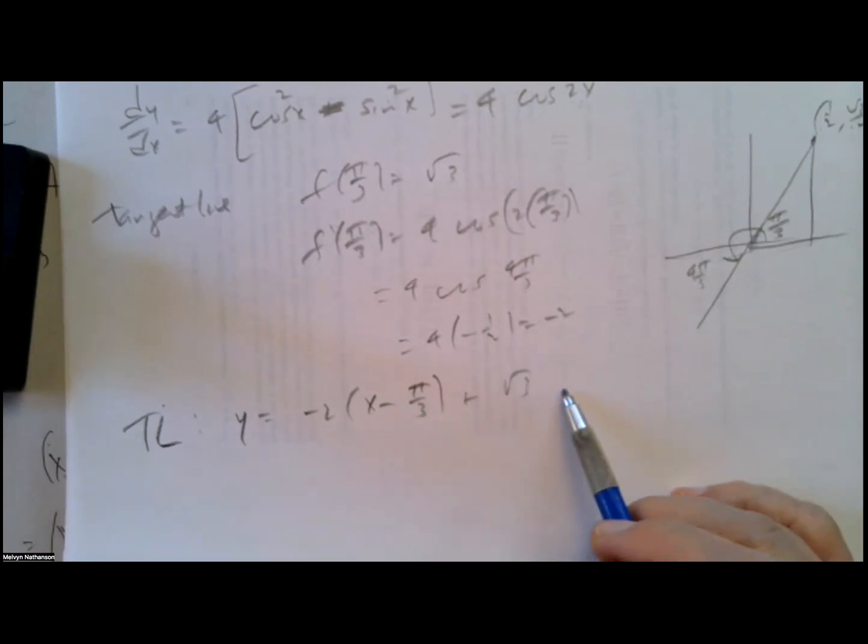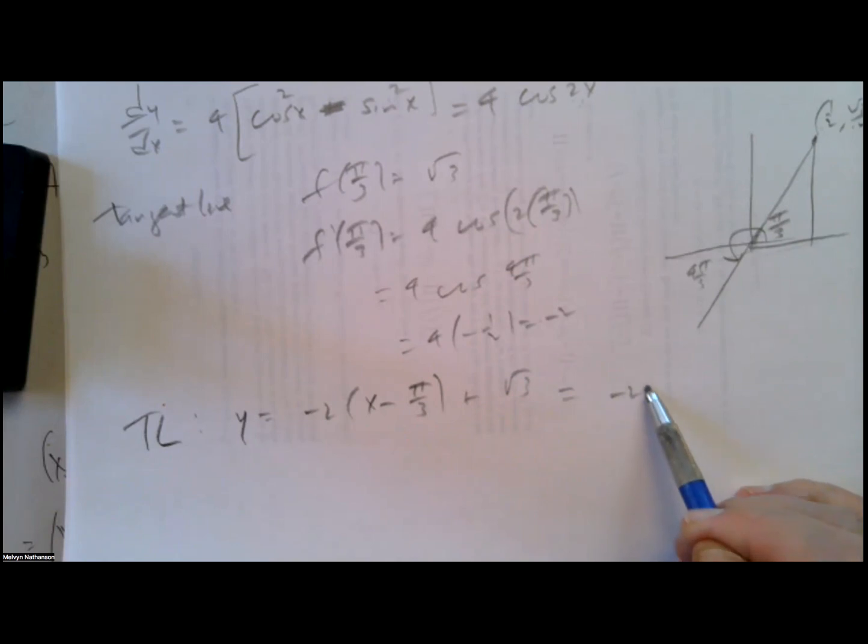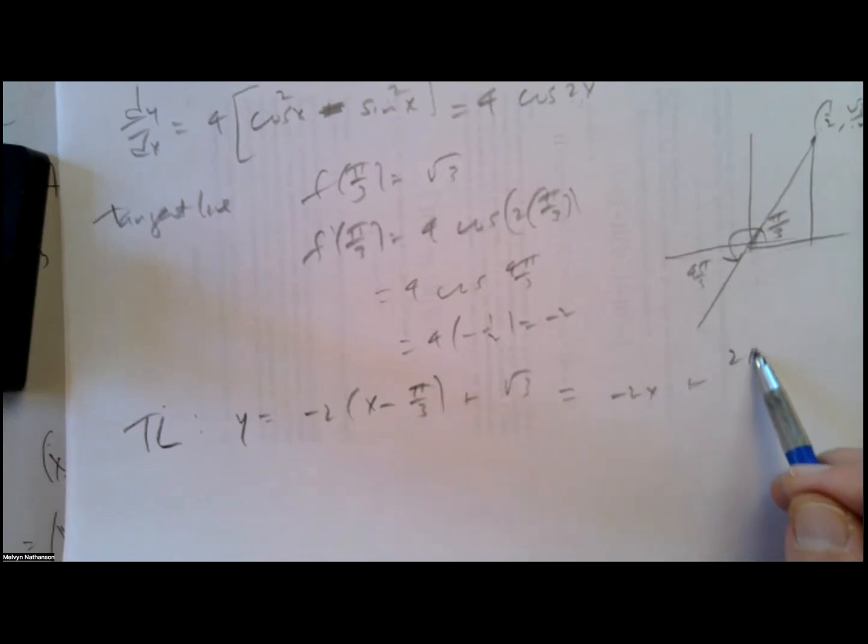So if this is correct, this is minus 2x plus 2 pi over 3 plus root 3. Let's see what this looks like. Normally I would check this by hand, but since I have Maple here, let me share the screen with Maple again.